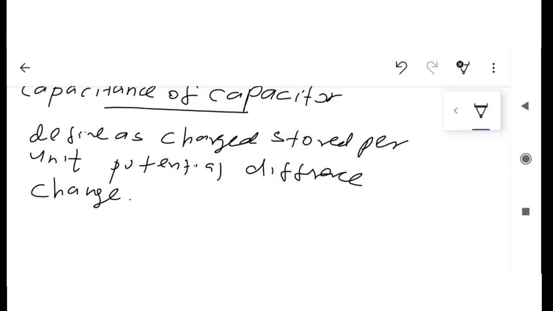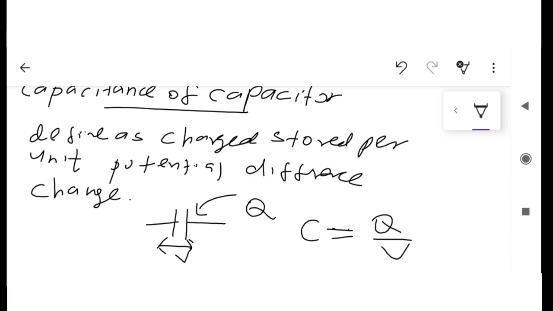Okay, here we can simply understand this condition. Here this is a capacitor, and this capacitor has a Q amount of charge, and the capacitor's potential difference we consider as V. Then we can write the capacitance of the capacitor: C is the capacitance of the capacitor, C equals Q over V. This is the capacitance of the capacitor, and this is the change of the potential difference because of the Q amount of charge.